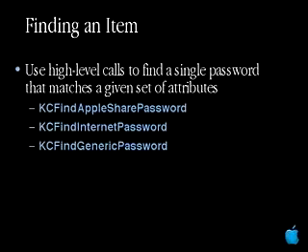And then finally, you'll just use a high-level call to find a password in the keychain. So there are 3 basic API routines to get a password: find Apple Share password, internet password, and generic. And all of these take a number of attributes that you're looking for, maybe a server name, an account name, and will return the password to you.